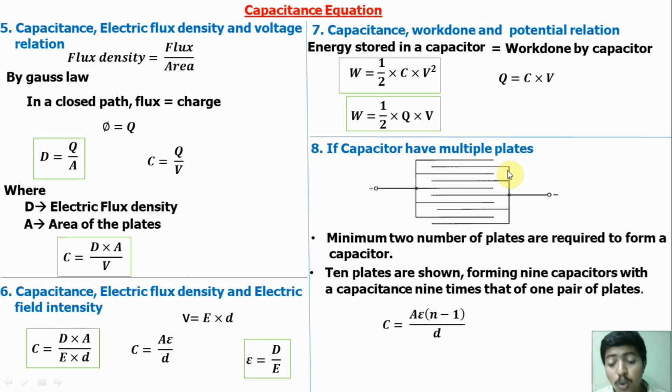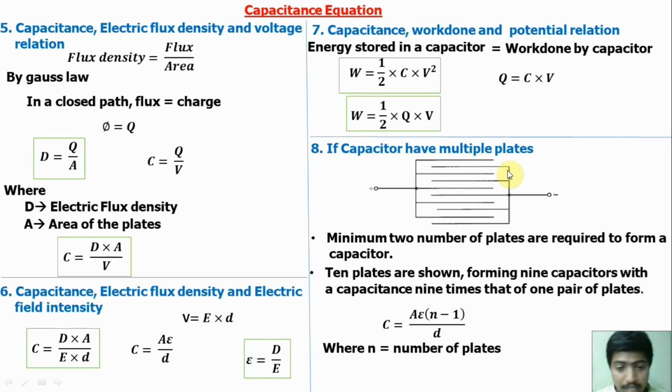So capacitance is equal to A epsilon into n minus 1 by D. It means that if n is 10, we can form 9 equal capacitances. If n is 3, we can form 2. If n is 2, we can form a single capacitor. Okay, so the formula is C is equal to A epsilon into n minus 1 by D.